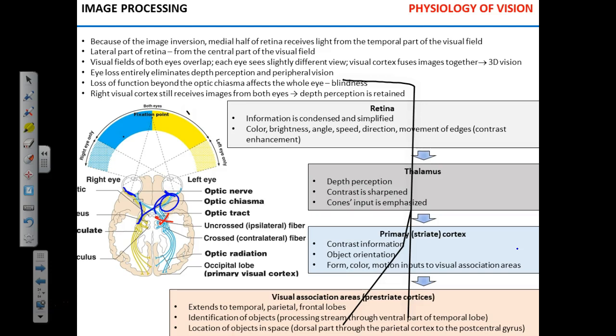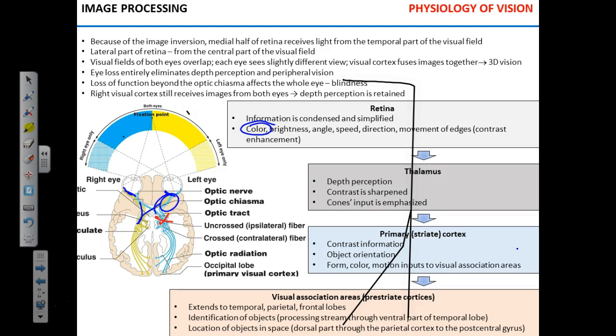Now, in terms of picture processing, it goes through several steps. In the retina, it's a simplification and condensing of information. Cones and rods are all going to do that, and they will allow you color. What's responsible for color? Three different types of pigments, right? They have spectral overlap, that's why we see color.